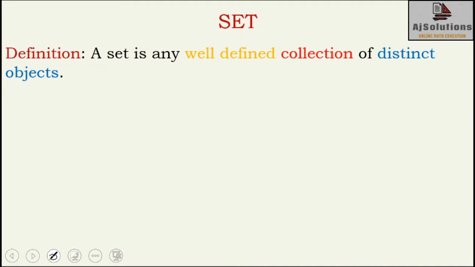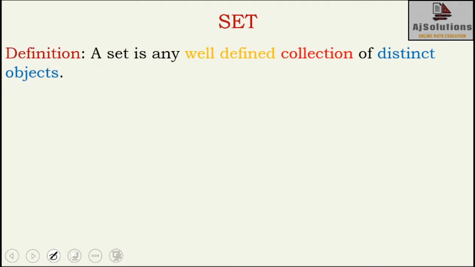But if I define a set A as collection of, suppose, intelligent students of the class, then this definition is not well defined, because according to me a student may be intelligent, but according to another teacher that student may not be intelligent. So here the definition is not well defined, so we need not consider this kind of definition to define a set.